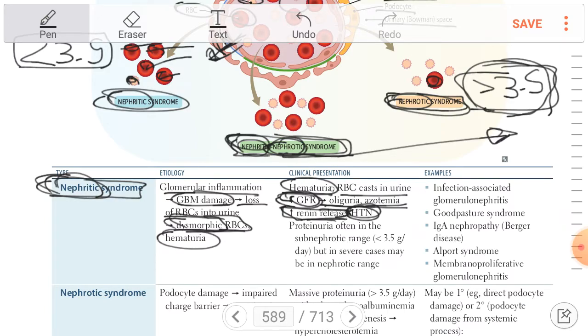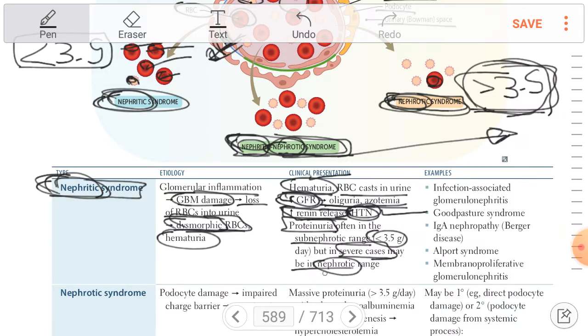But you must concentrate on what? Hematuria, hypertension, plus the proteinuria. We said what? The nephrotic more than 3.5, nephritic less than 3.5. So it's called what? Subnephrotic range less than 3.5 gram per day, but in severe cases maybe in nephrotic range.